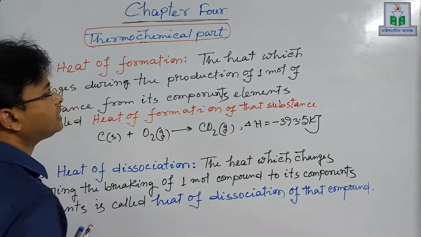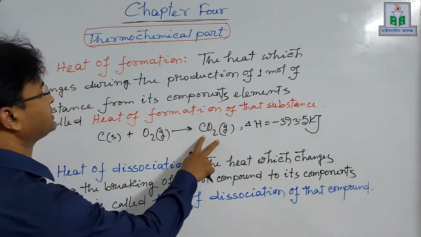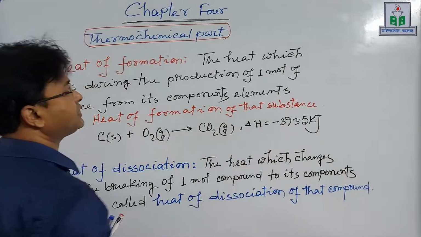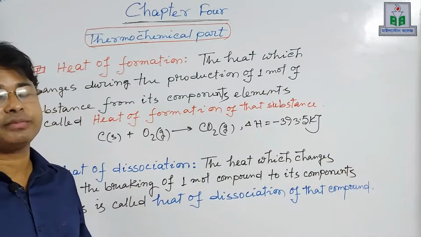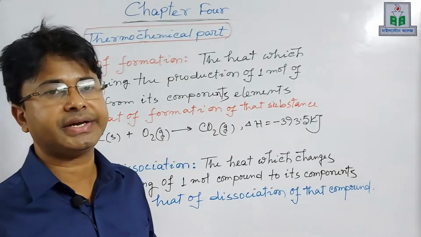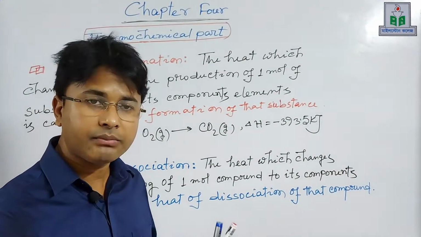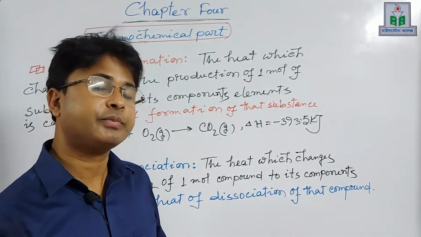So the heat of formation of carbon dioxide is minus 393.5 kilojoule. Heat of formation is calculated in case of 1 mole compound, 1 mole product.